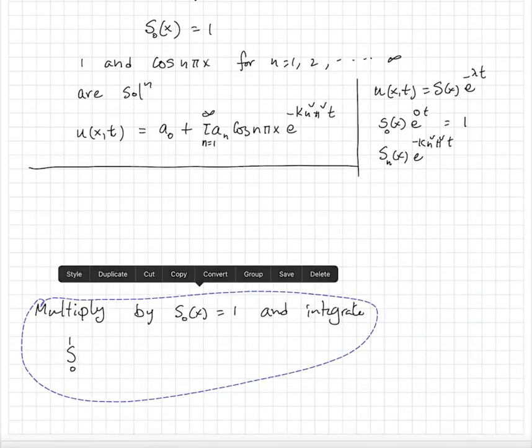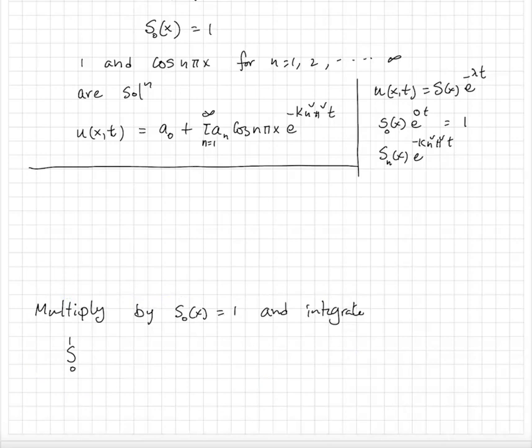Okay. So let's put here t equals 0, the initial condition. So u(x,0) equals a0 plus the sum from n equals 1 to infinity of an cos n pi x. Okay.